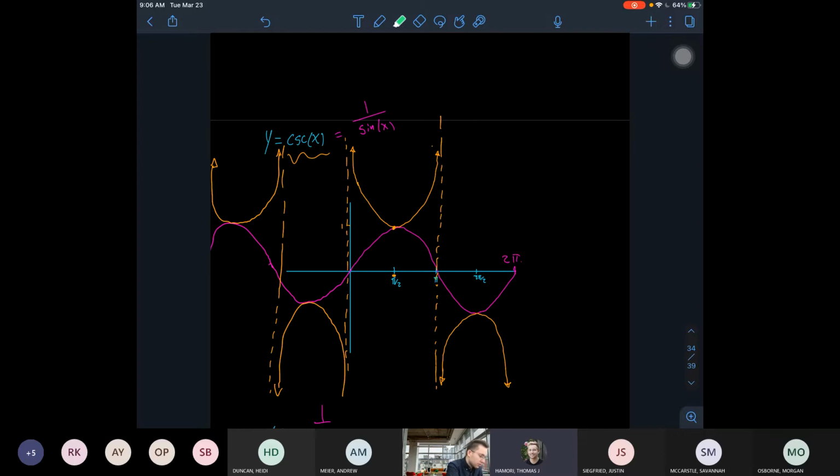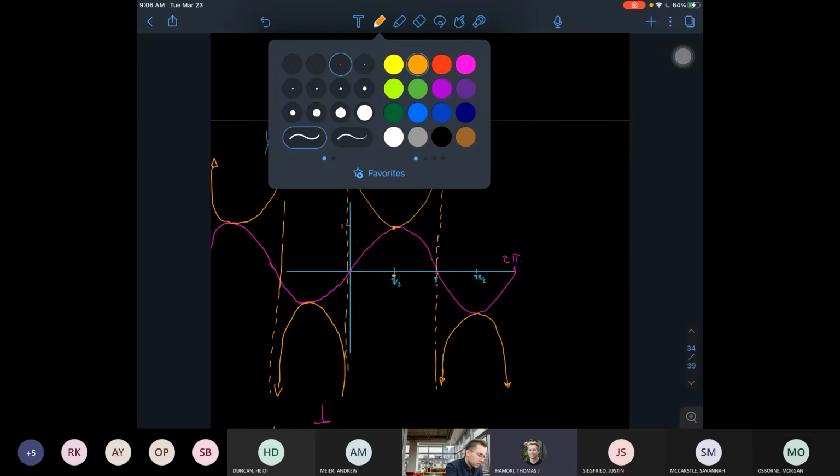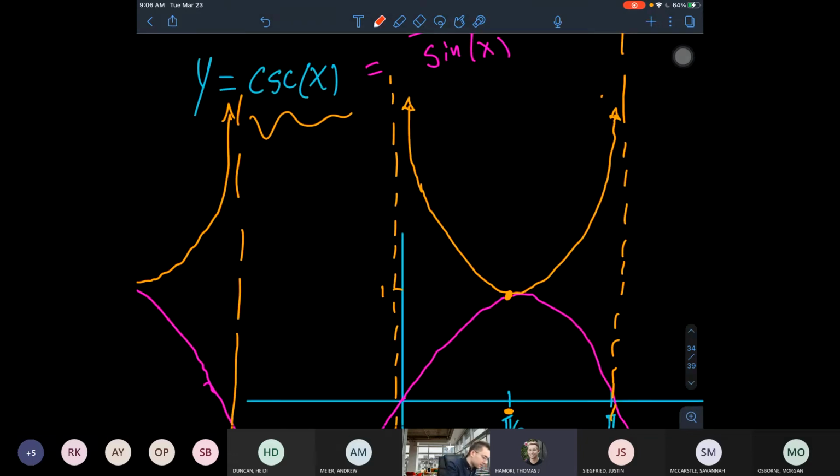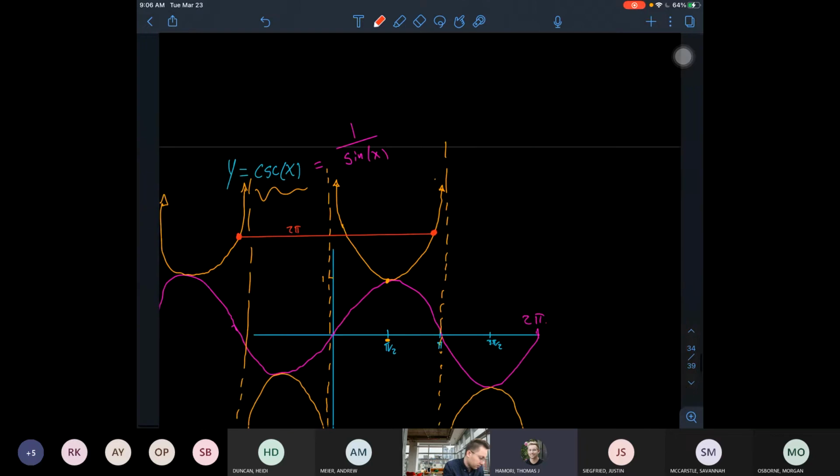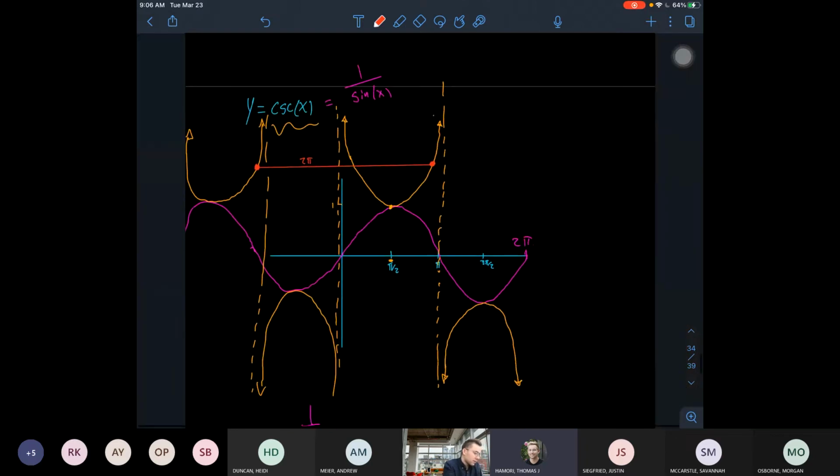Okay, so if we want to measure the period of this function, we take a look at a point here, and we measure this distance, which goes from that point to the next point with that same direction and height, and we would measure that as 2 pi units in this case. And that comes from the fact that sine of x is a 2 pi periodic function, so sine of x takes the same value for any two values of x which are 2 pi units apart. So cosecant of x, which is 1 over sine of x, does the same thing.